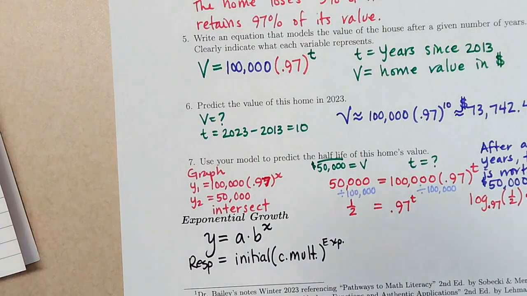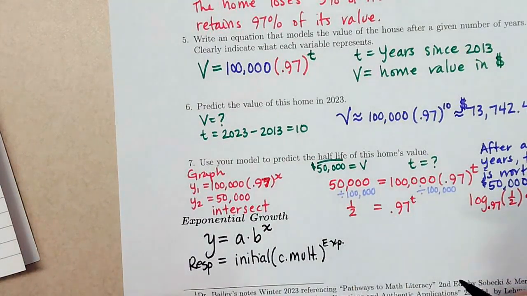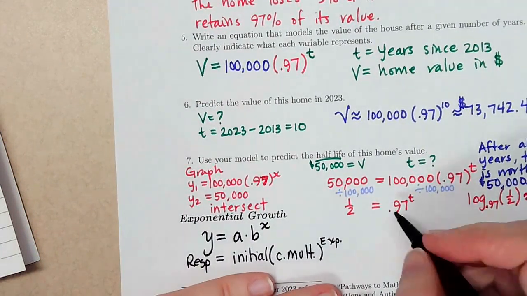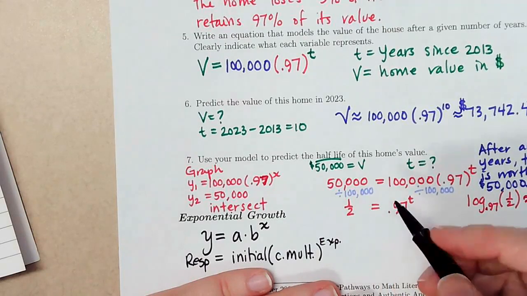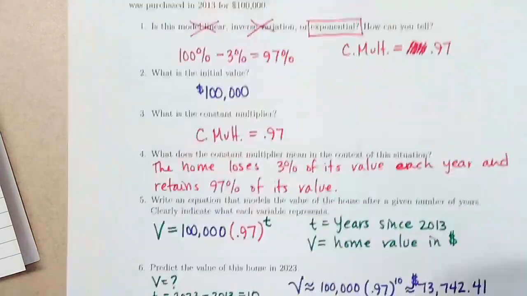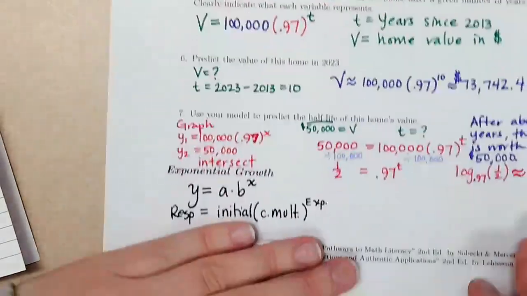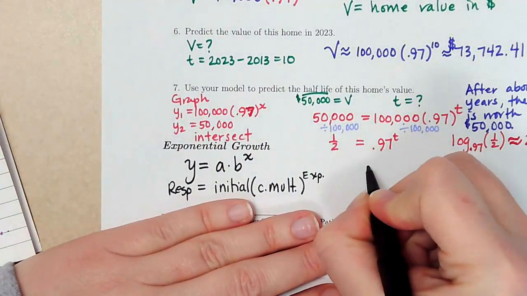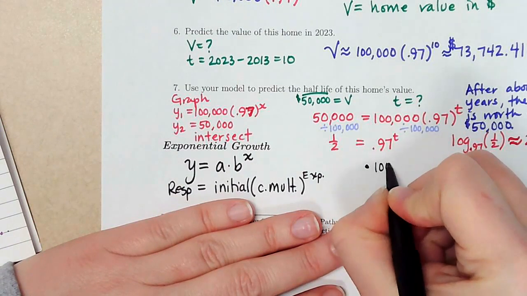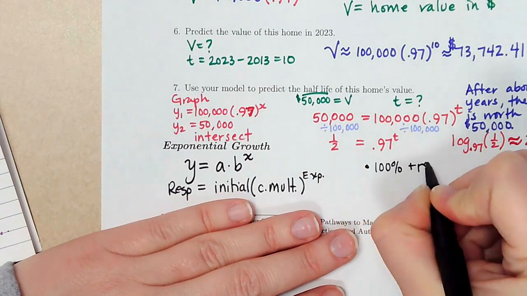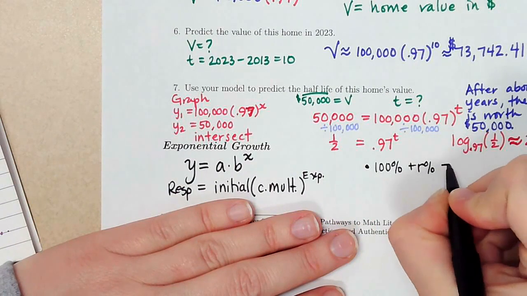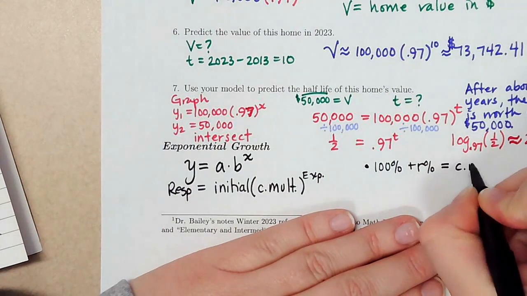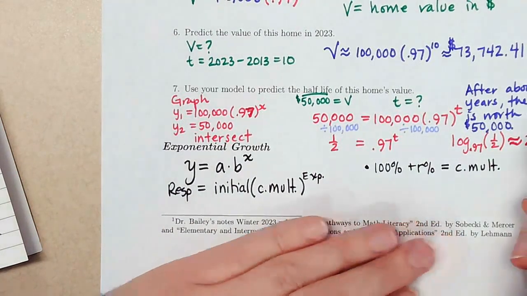And in the case of exponential growth, if it's given in terms of a percentage per year, we would do 100% plus R percent to get this constant multiplier when that happens.